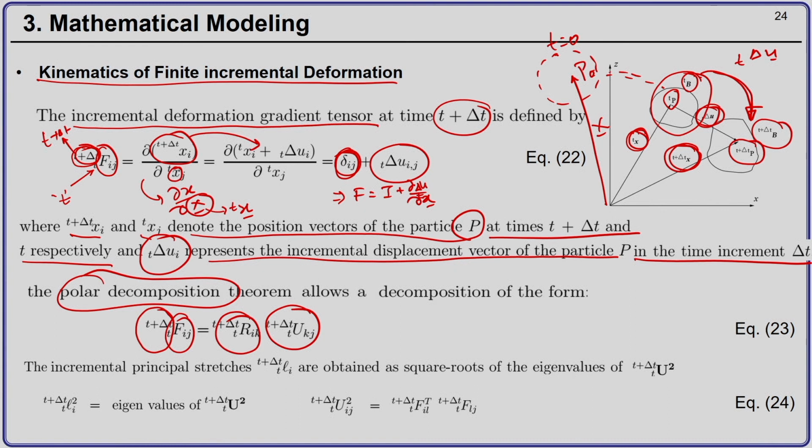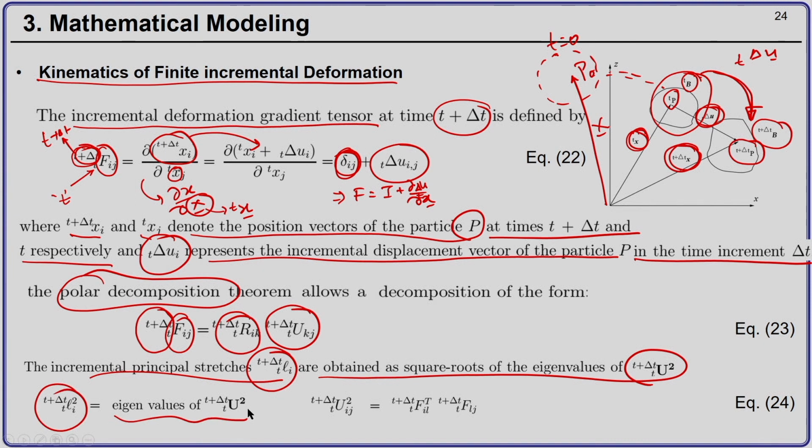Now, the incremental principal stretches lambda_i from t to t plus delta t are obtained from the square root of the eigenvalues of U. So, lambda squared is the eigenvalue of U squared, and U squared is given by F transpose F. This we know, U squared is F transpose F. So, this is nothing but the initial notation.